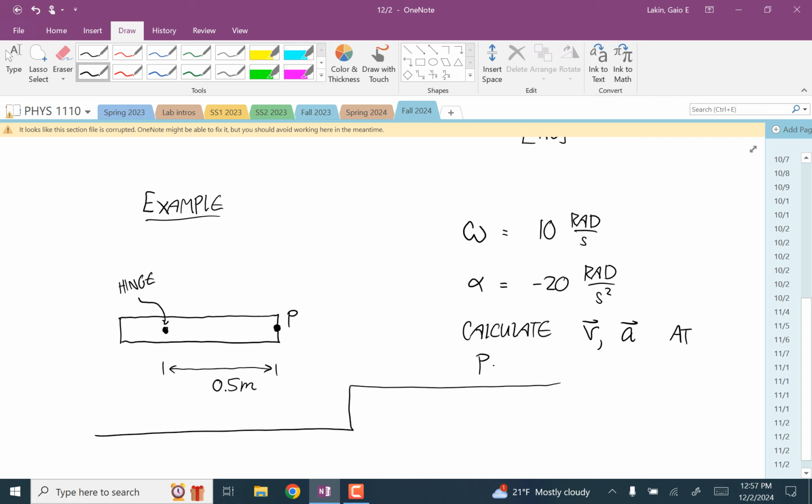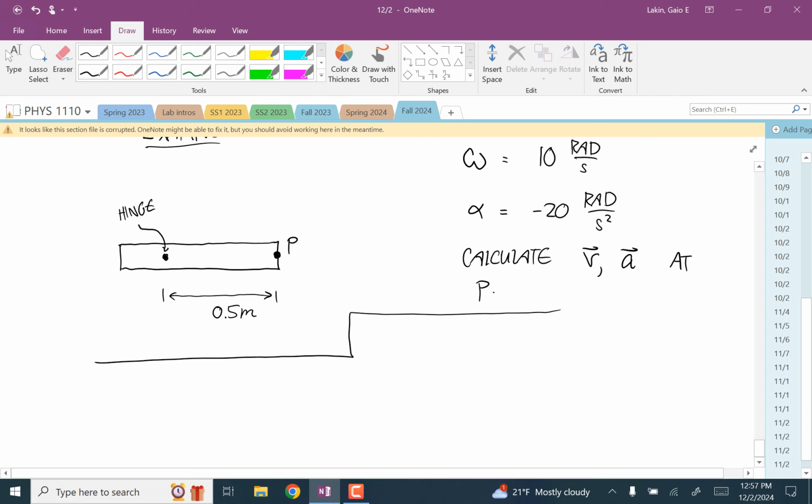Okay? So basically the way we're going to approach this is the way we approach all circular motion problems. It's just that we have sort of a new way to calculate the magnitude of the velocity and the magnitude of the tangential acceleration.